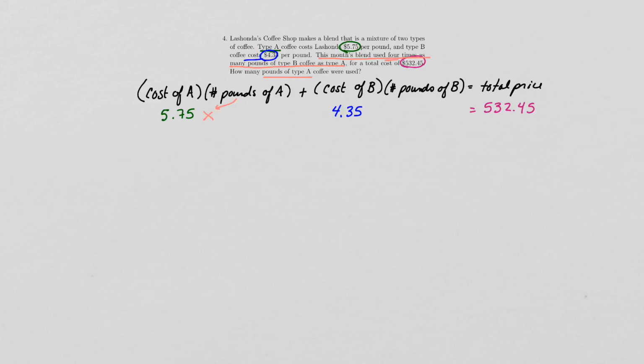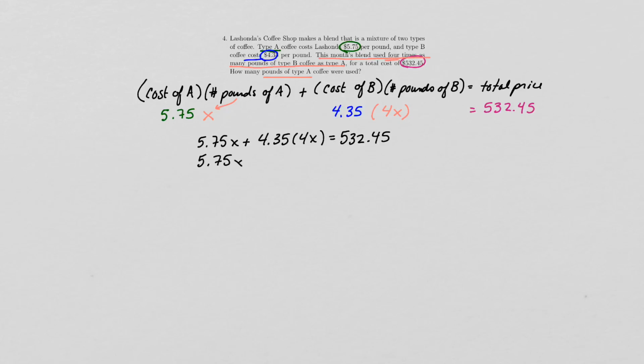Then it says that 4 times as many pounds of type B coffee were used as type A. So the number of pounds for B would be 4x, because it's 4 times as many as there were for A. So really I have the equation 5.75x plus 4.35 times 4x equals 532.45. 4.35 times 4 gives us 17.40.